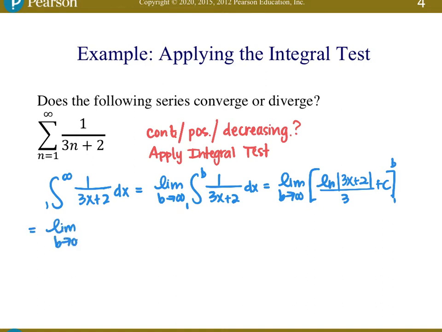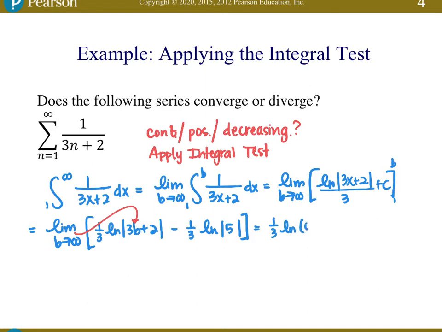And so we'll substitute our bounds. So we'll have 1/3 of the natural log of 3b plus 2 minus 1/3 of the natural log of 5. And when we put infinity in for b, we'll have 1/3 of the natural log of infinity minus 1/3 of the natural log of 5, which is infinity.